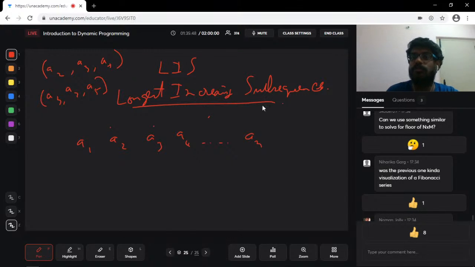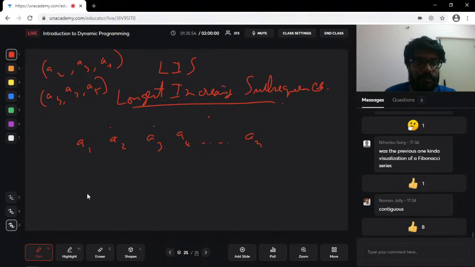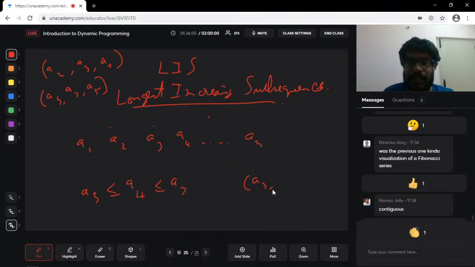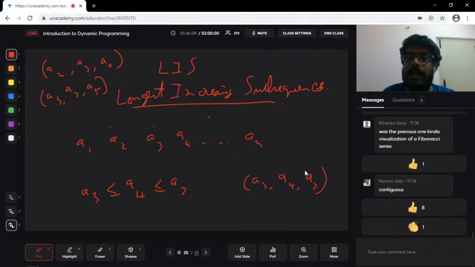So now what we're looking for is a subsequence, and that subsequence should be increasing. What does it mean by increasing? It should be ascending, right? So if A3 is less than or equal to A4, which is less than or equal to say A7, then A3, A4, A7 is an increasing subsequence of the given array.